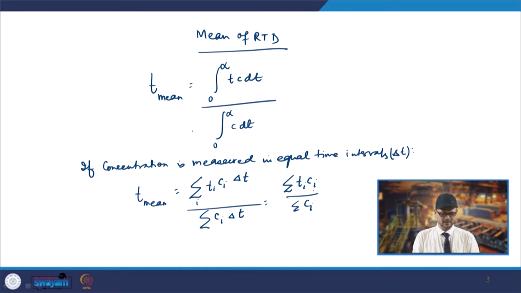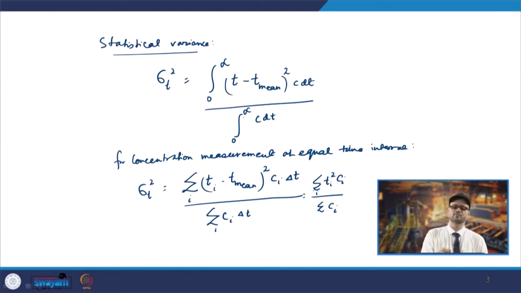This is the mean time, and this is the variance computed here. This way you compute the mean and variance of the RTD curve when you get the values experimentally or by other means like simulation.